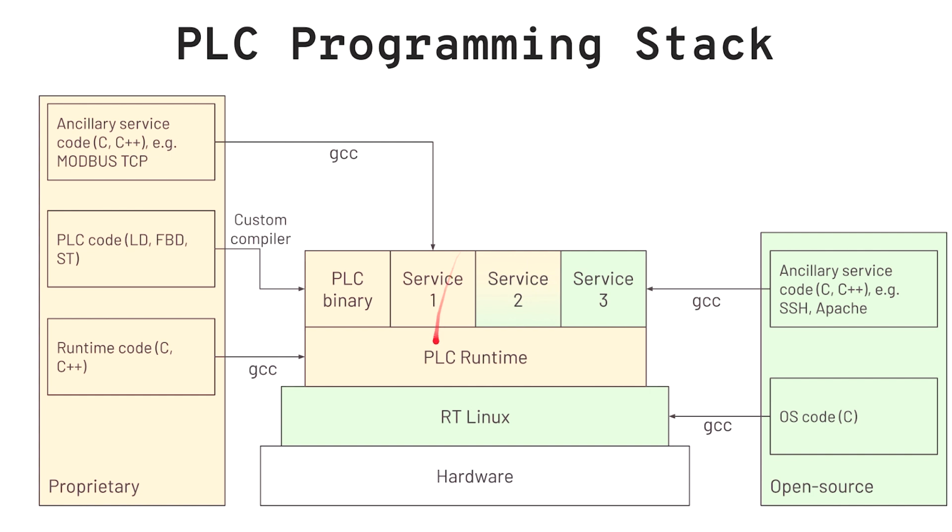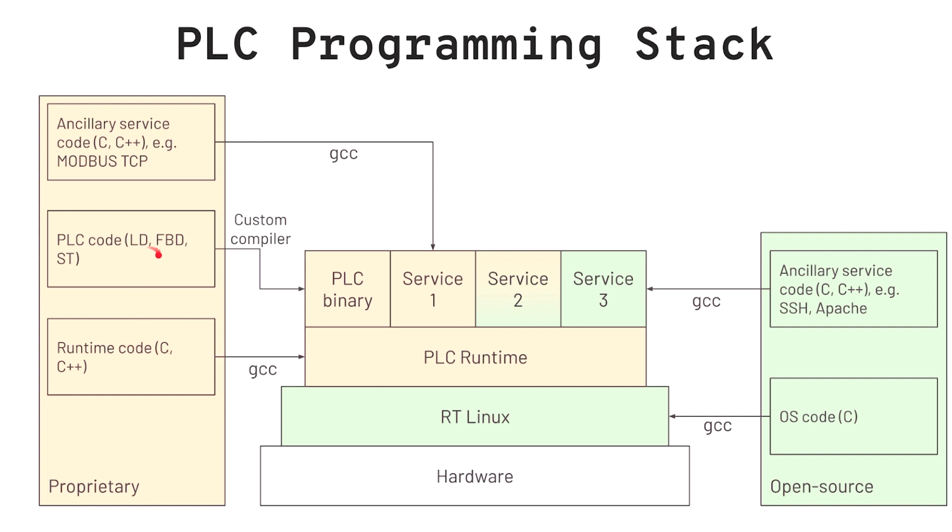For example, you may have your runtime, and the runtime could have OpenSSL, which is an open source library, and then it has Apache, it may have Python support, or other open source repositories that the vendor just brought into their own ecosystem and complemented with their own custom code for the runtime and their own custom compiler for the PLC code.